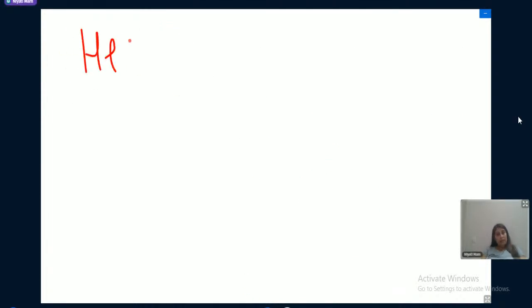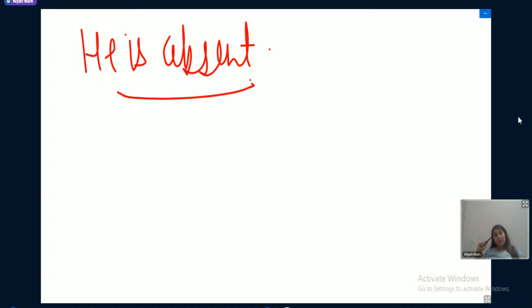I am saying, do you think that in the sentence "he is absent", we need to add a reflexive pronoun after absent? I told you that these words are transitive verbs.